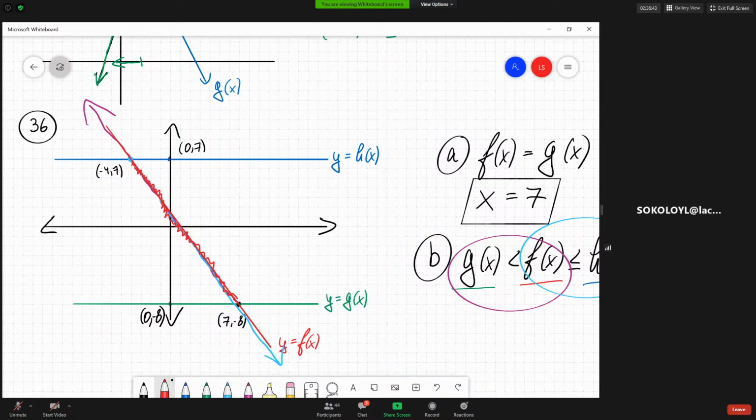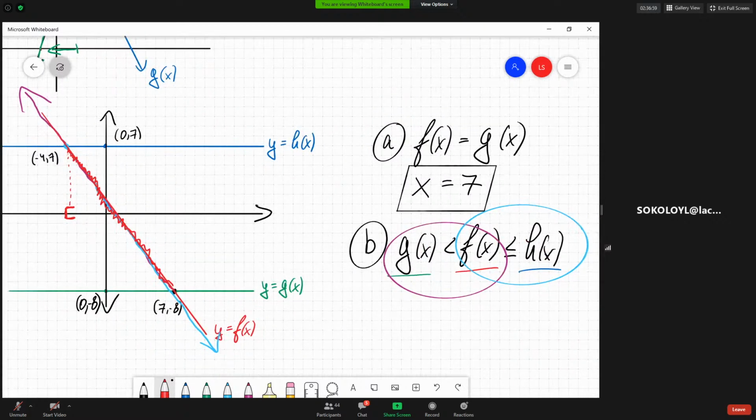But remember, to answer our question, we need to state the interval. We're including the blue point, because that inequality is less than or equal to, but we're excluding this point because f of x is strictly greater than g of x.